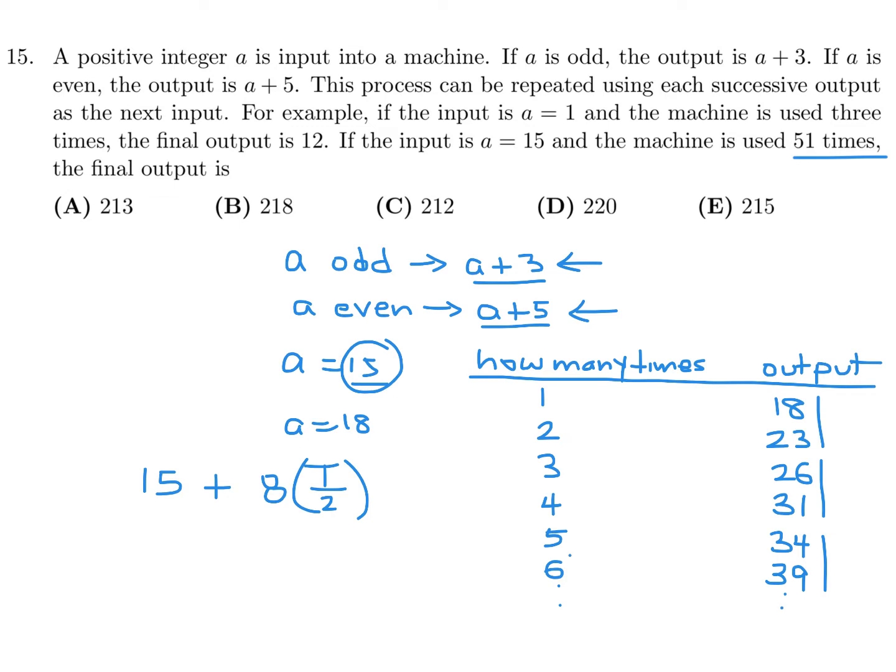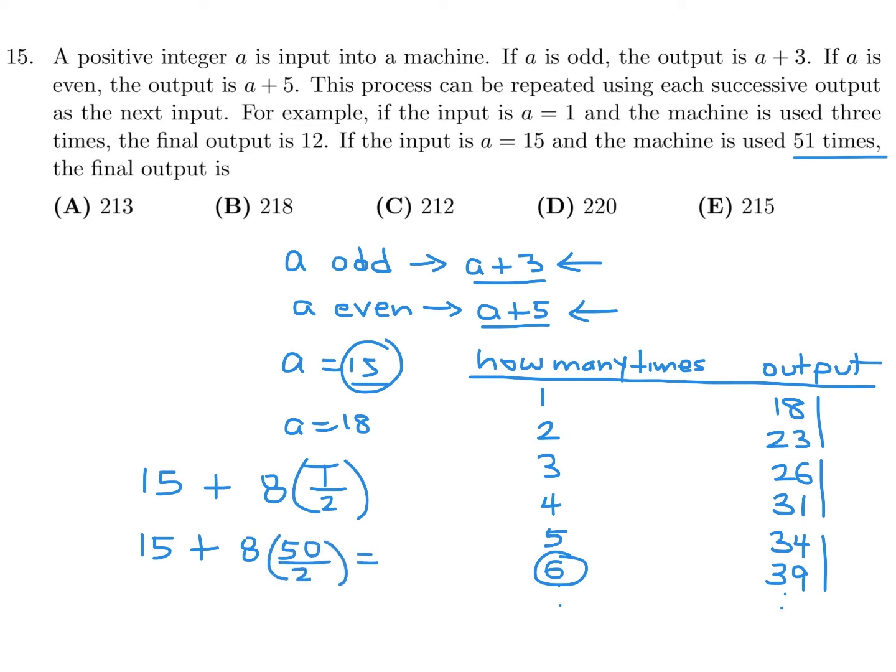So for example, when t was 6, it'll be 6 divided by 2, which is 3. 3 times 8, 24. 24 plus 15 is indeed 39. Okay, that's how you can verify. So they want you to do it 51 times.